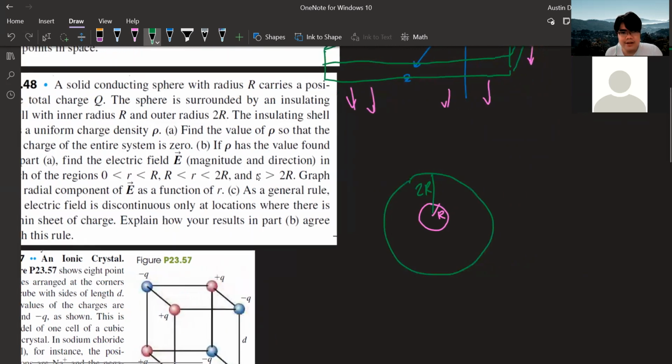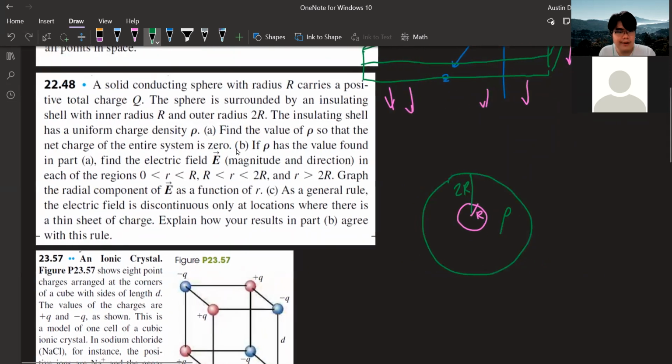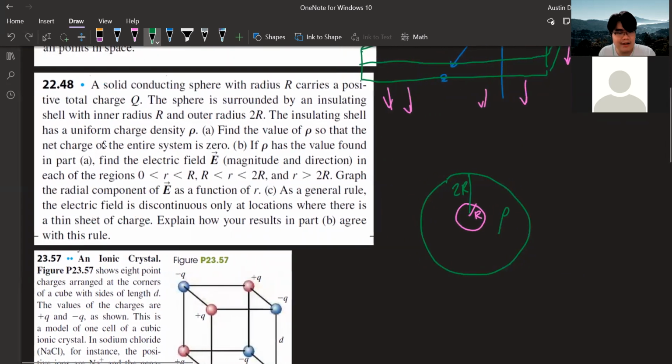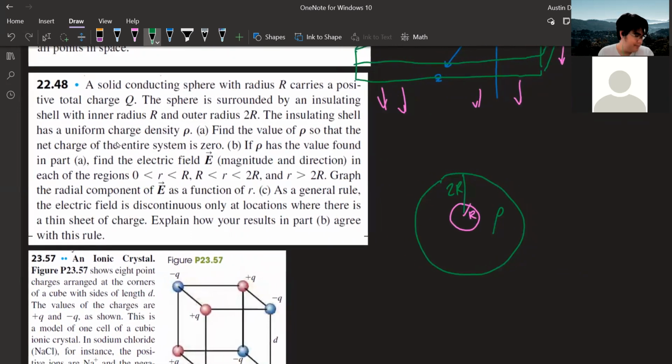Okay, in insulating shell mo may rho, so that is volume charge density. And then we are asked to find the value of rho so that the net charge of the entire system is 0.